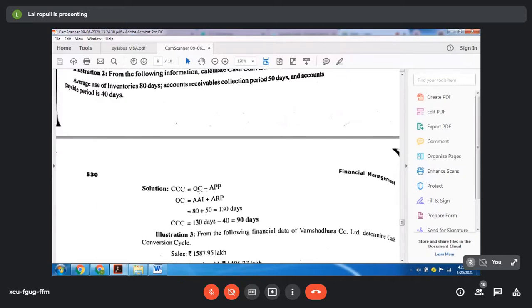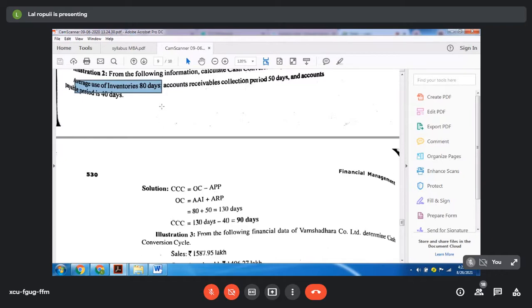As we know from the formula, cash conversion cycle is operating cycle minus accounts payable period. So we first have to calculate the operating cycle of this company. Average age of inventory means this company mostly has a stock of 80 days.